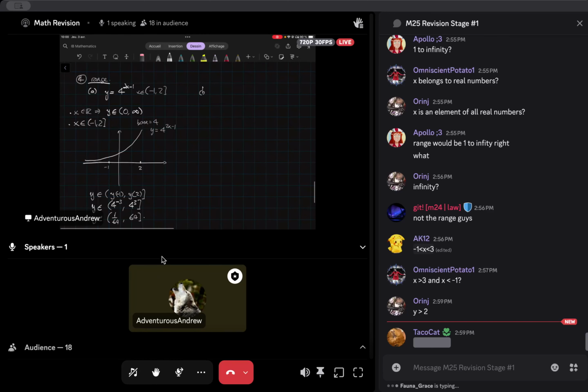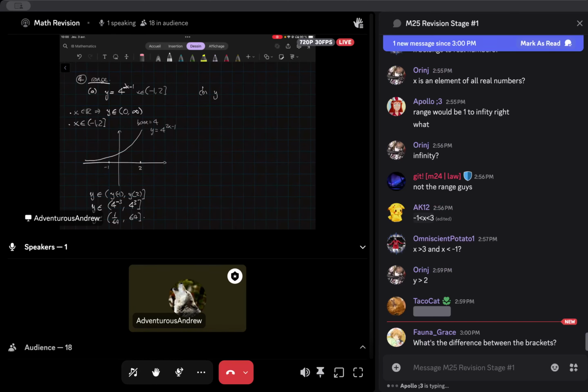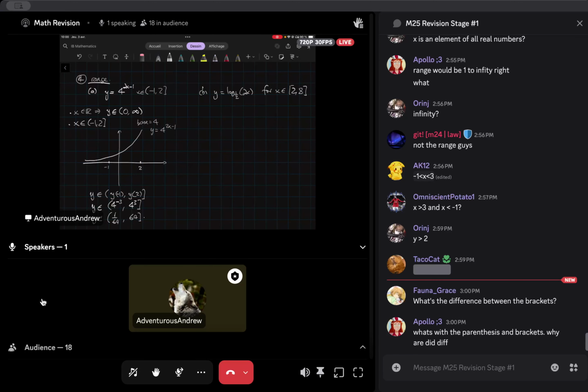Part B. Wait, are you guys not familiar with this notation?